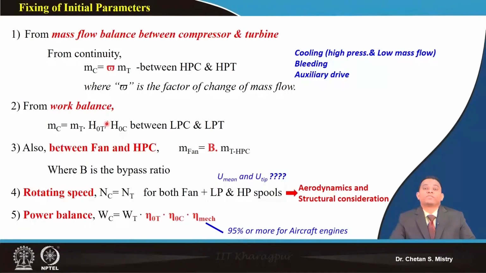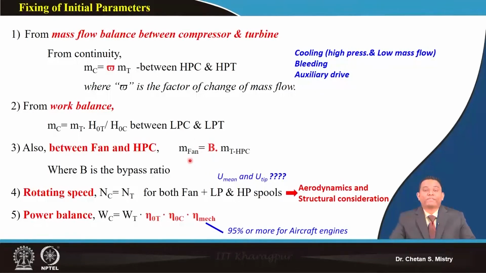For the LP configuration, my LP turbine rotates my LP compressor, and for a two spool configuration, my HP turbine is used to rotate the HP compressor. So in this case this work balance is very important. Now, if we consider a high bypass ratio or low bypass ratio configuration, under that condition we will have a parameter called the bypass ratio.